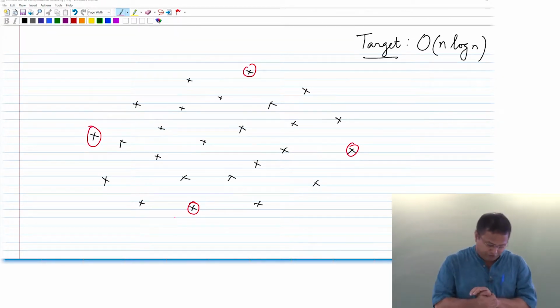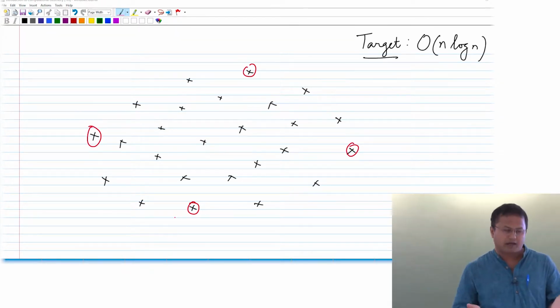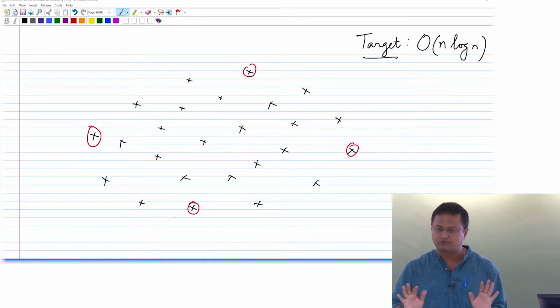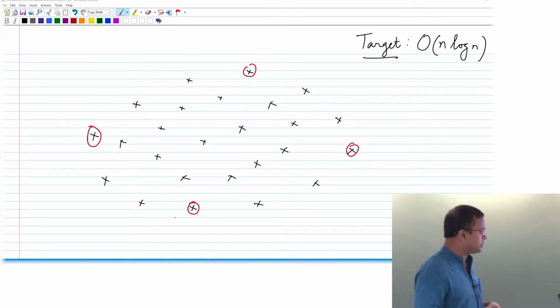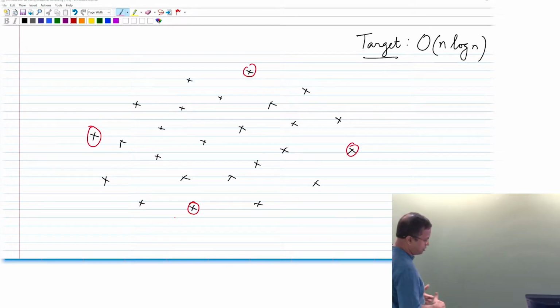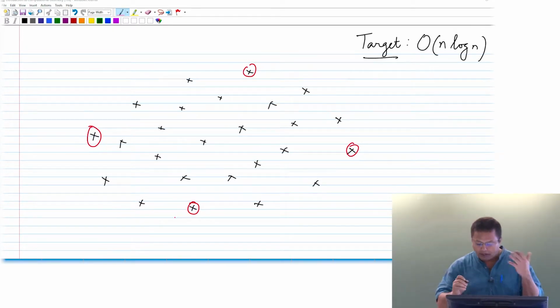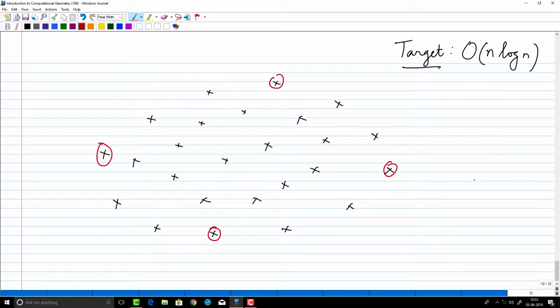Now, if it is n log n, I can think of a divide and conquer algorithm. Like the idea we had in the closest pair problem, I take an x median line and divide the point set into two halves.